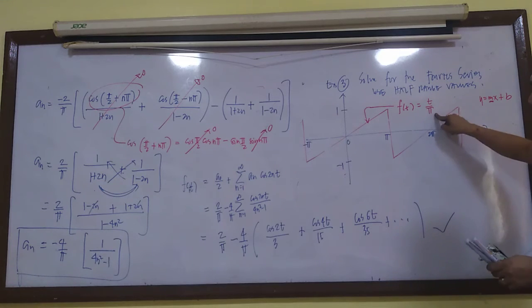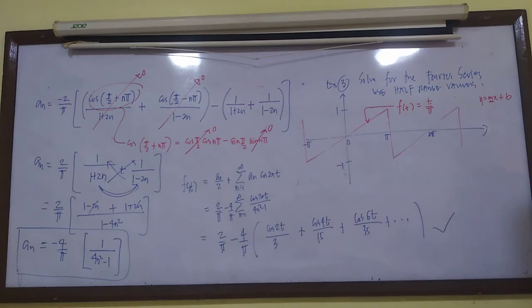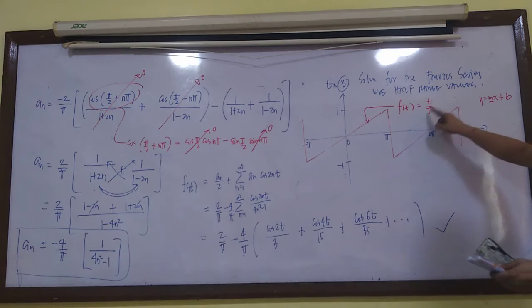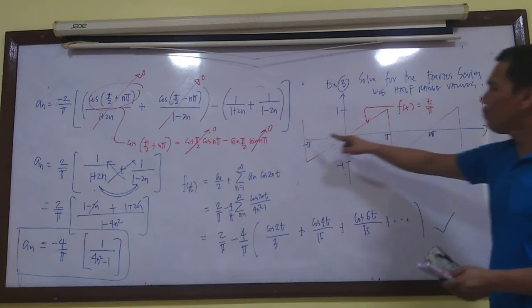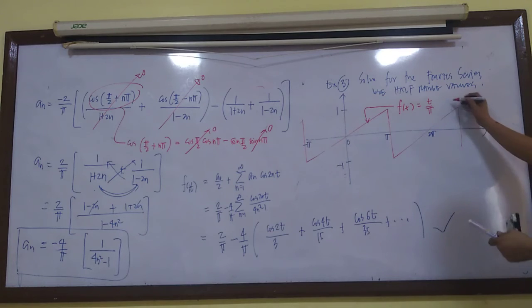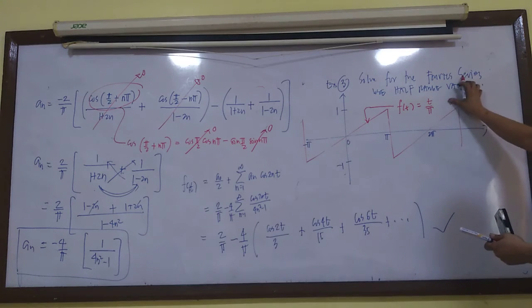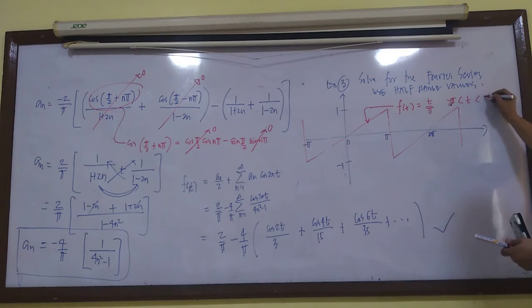Okay, t over pi from 0 to pi, because when t is equal to pi, the value is +1. When t is equal to -pi, the value is -1. So this is t over pi, let's start from -pi up to +pi.